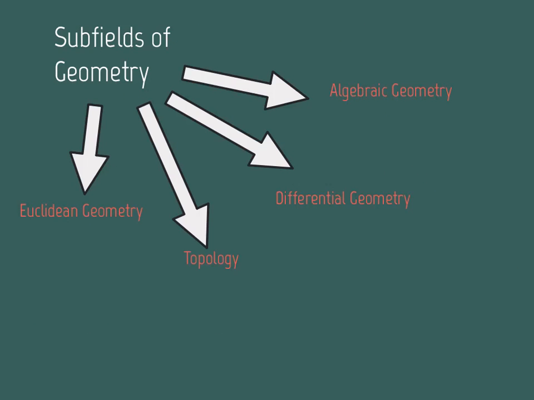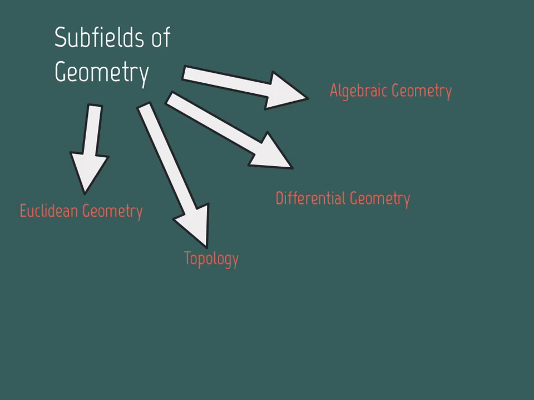We've said that geometry divides into two, plane and solid geometry. And we already said that plane geometry consists of two-dimensional shapes and solid geometry consists of three-dimensional shapes. But that doesn't end there. Geometry is a very complex and full branch of mathematics.